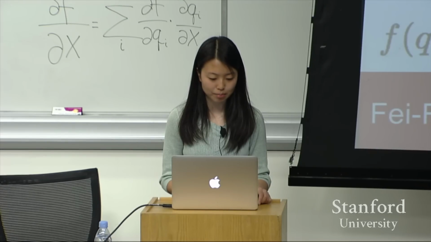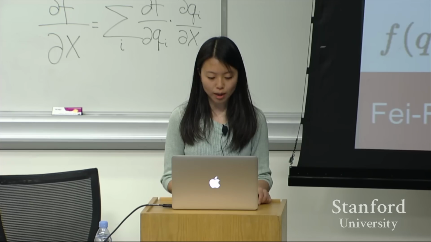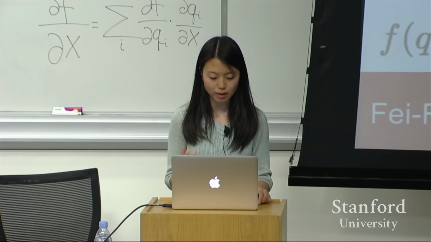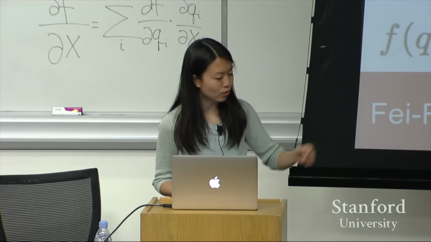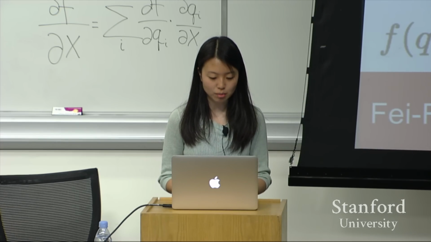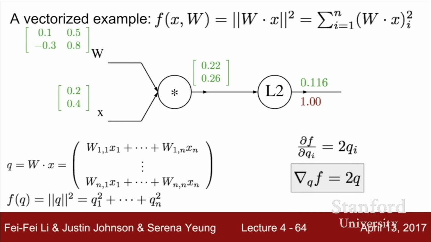This is just taking this derivative here. And so we have this expression with respect to each element of q. We could also write this out in vector form if we want to. It's just going to be 2 times our vector q.